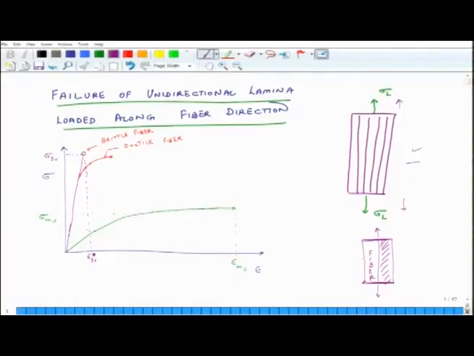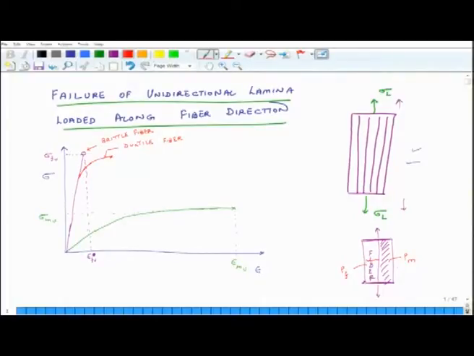So, once the fiber breaks, all this material is no longer taking the load. At the breaking point, let us say the total load being taken by the fiber is Pf, and the load being taken by the matrix is Pm.